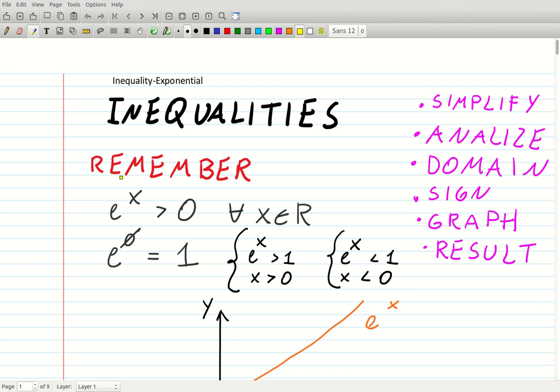A few things to remember. e to x is greater than 0. It's strictly positive for every real x, for every x belonging to the real numbers. Every real number will make e to x a positive number. e to 0 is equal to 1.